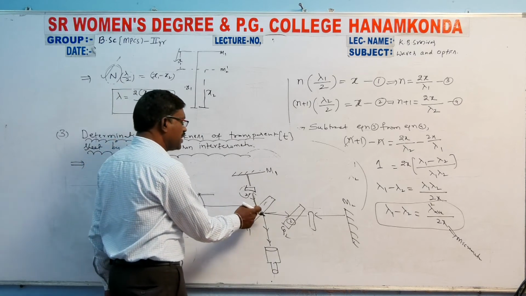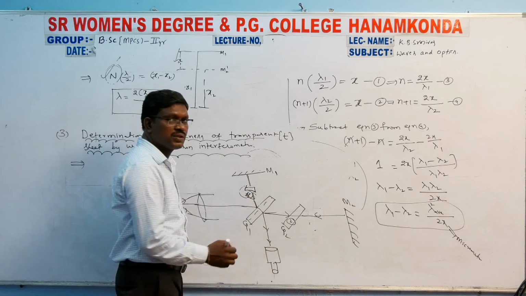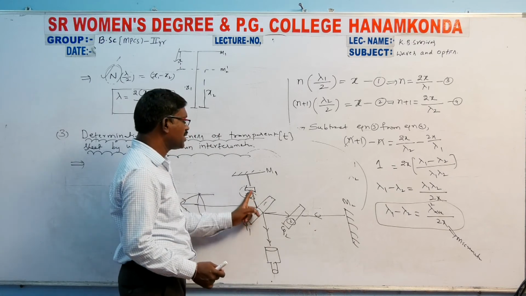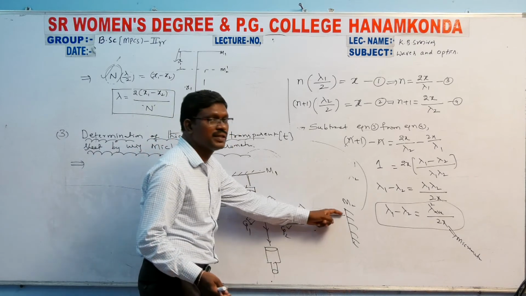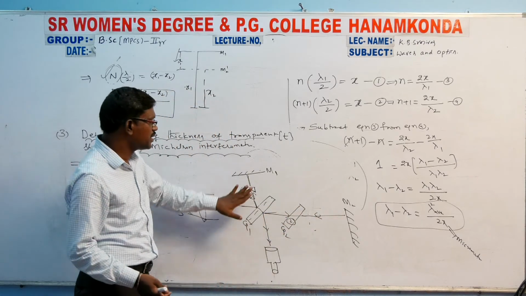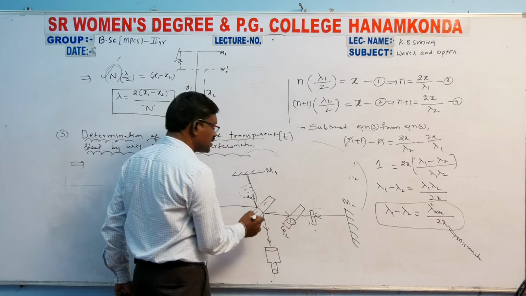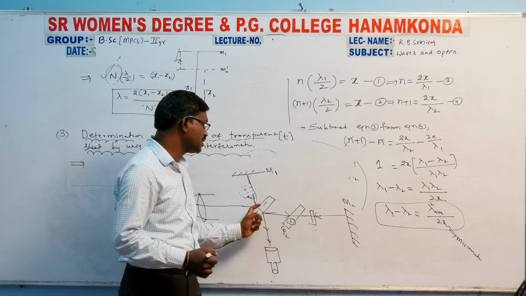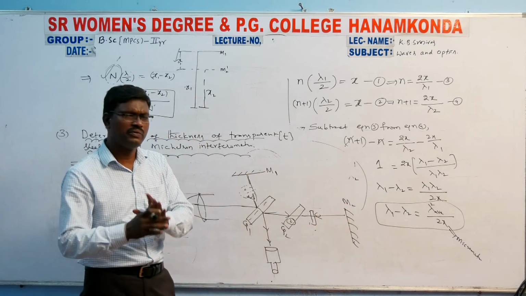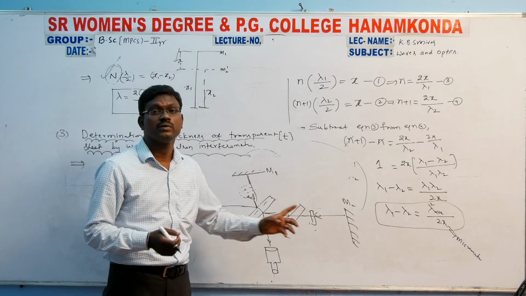If I place the transparent sheet in the path of ray 1, the distance traveled by ray 1 is greater than the distance traveled by ray 2. If I introduce the transparent sheet in the path of ray 2, the distance traveled by ray 2 will be more than the distance traveled by ray 1. Definitely there will be some path difference between the two rays.